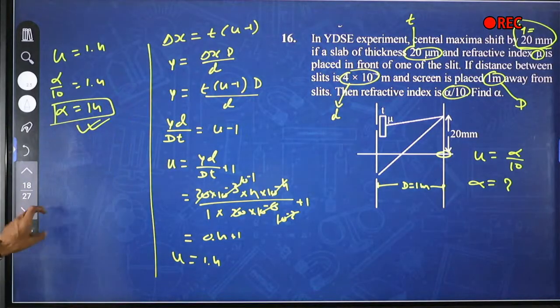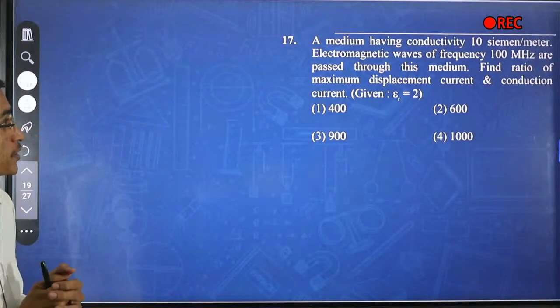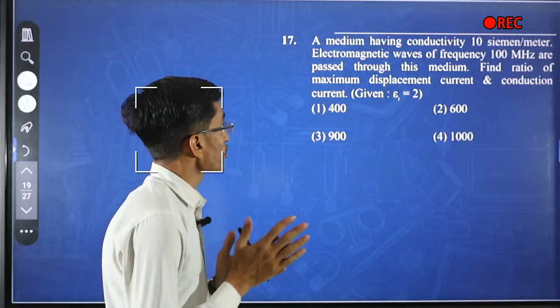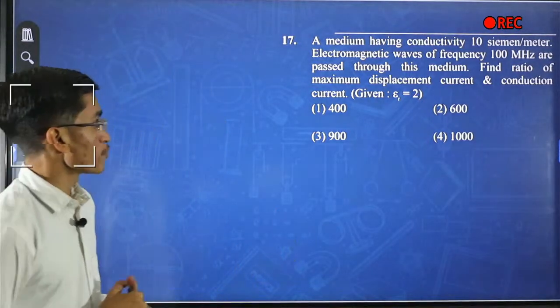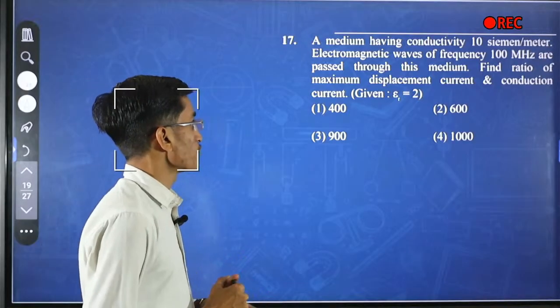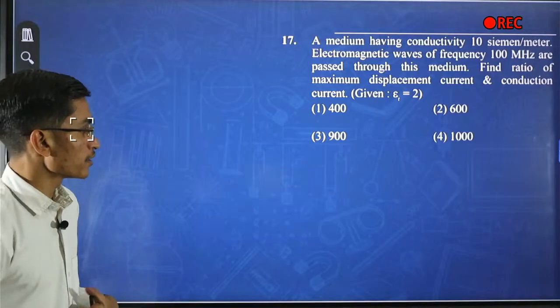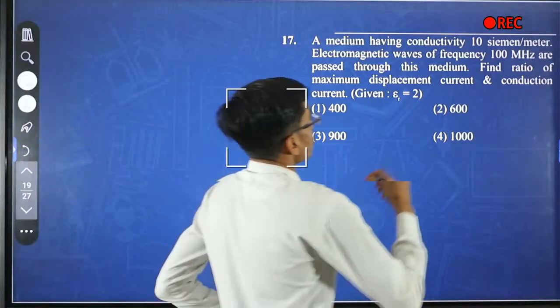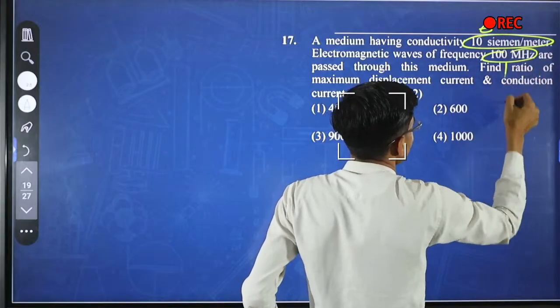Okay. Next question. A medium having conductivity 10 Siemens per meter, given epsilon r is equal to 2. Here this is conductivity sigma. This is frequency.